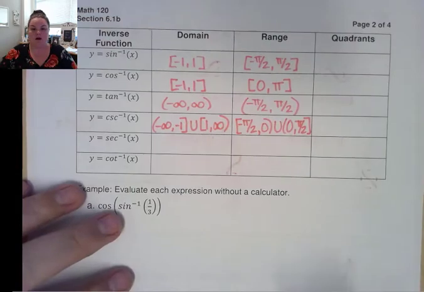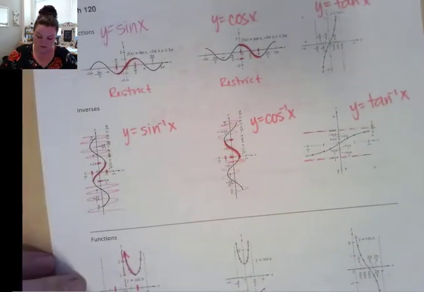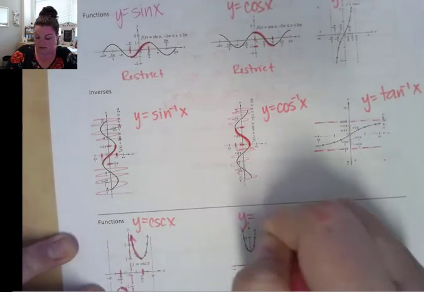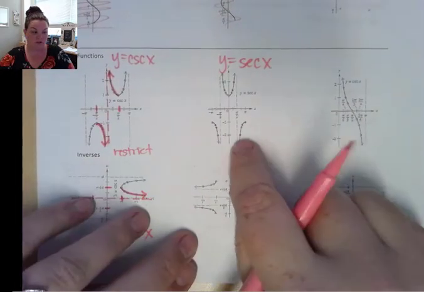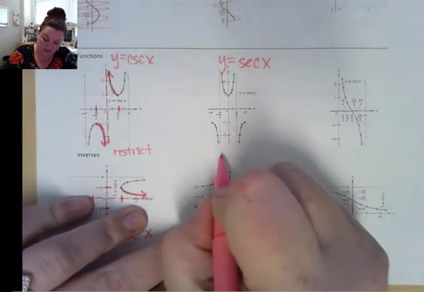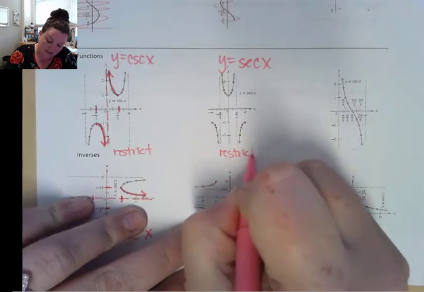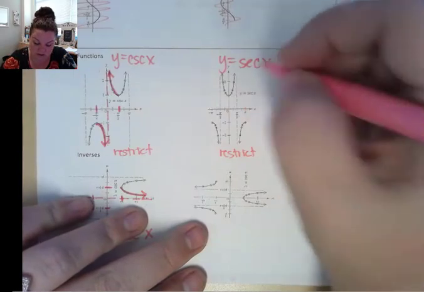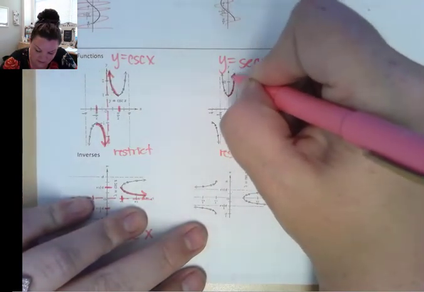Okay. All right, we got 2 more. Let's look at secant and cotangent. So this was our cosecant. Oops, and I forgot to write it. So y is equal to secant x, right? So on this one, we also had to restrict it, right? Otherwise, it would not pass the horizontal line test. So we want to choose the one closest to 0, so that would be this piece, right?